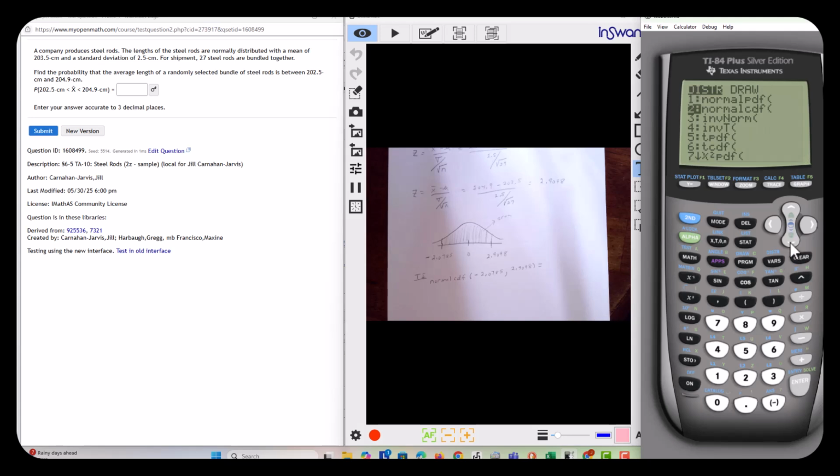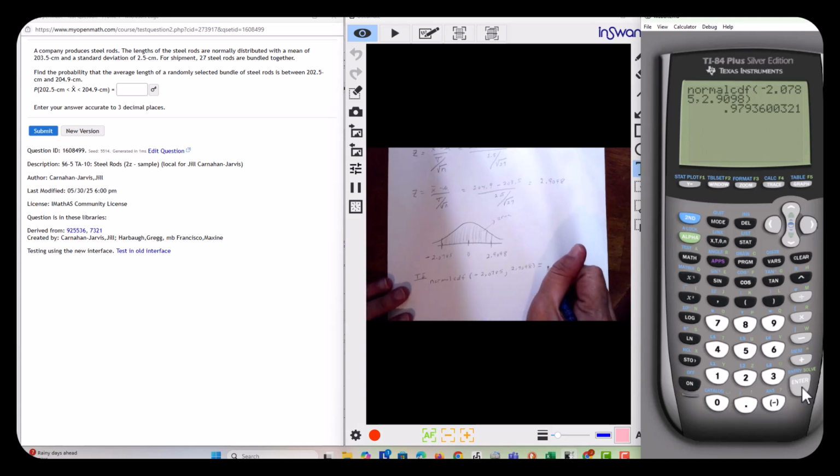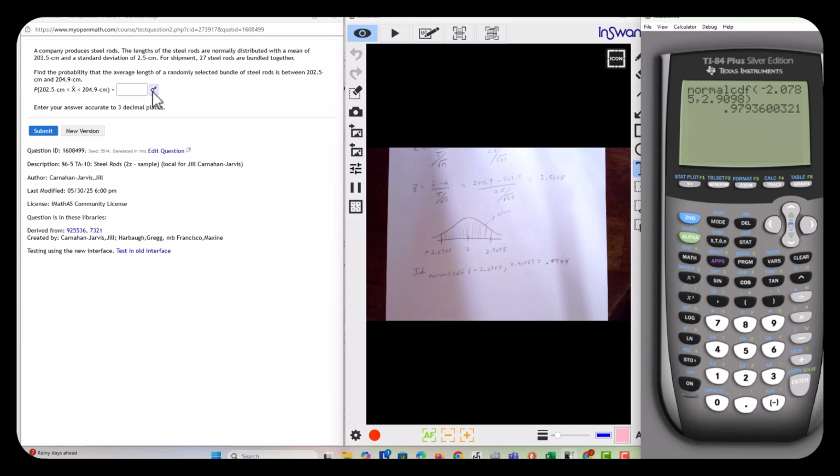Well, that was quite a bit. 0.9794. Got quite a bit of area, didn't it? I'm just going to double check. Yeah, 0.979. Make sure before I go any farther, just to make sure I hadn't made a mistake, so that's on the right. So let's go to StatDisk.